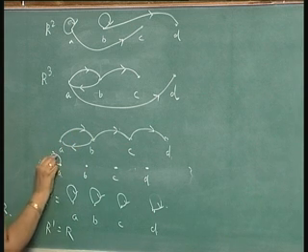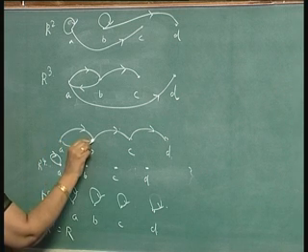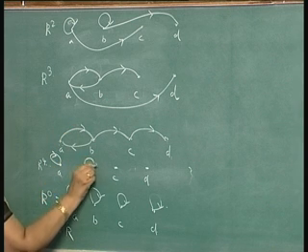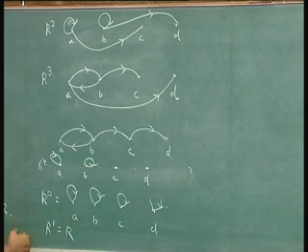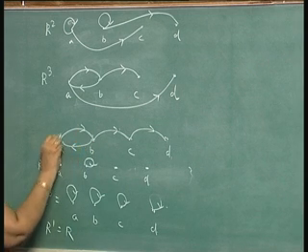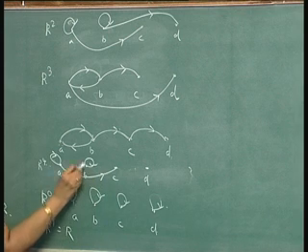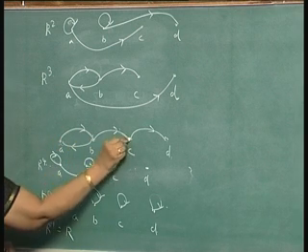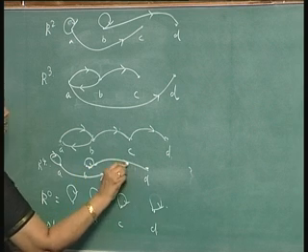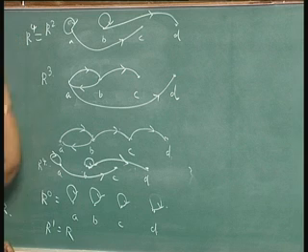So, there will be a self loop here. 1, 2, 3, 4. So, there will be a self loop here. 1, 2, 3, 4. So, there will be an arc like this. 1, 2, 3, 4. So, there will be an arc from B to D. So, you will find that R power 4 is the same as R squared.